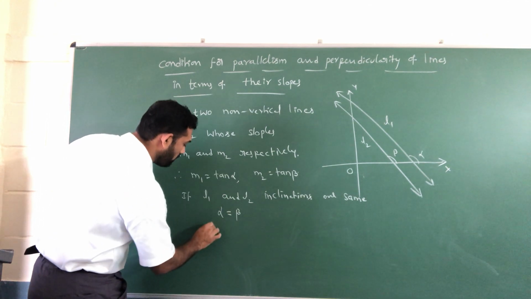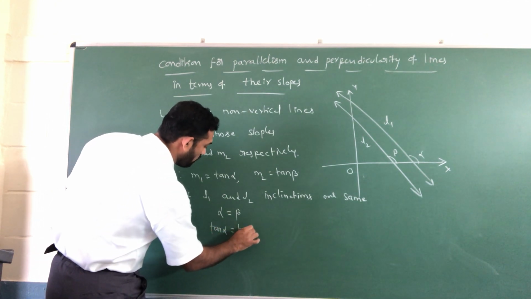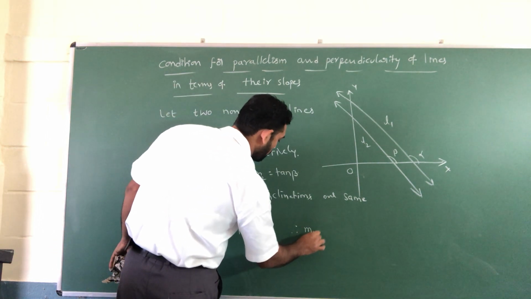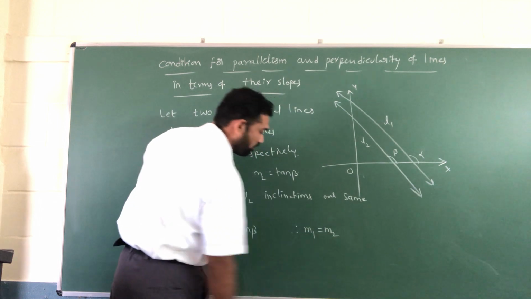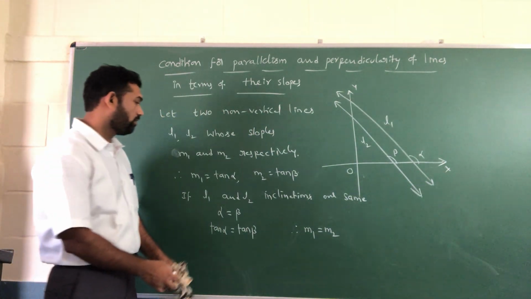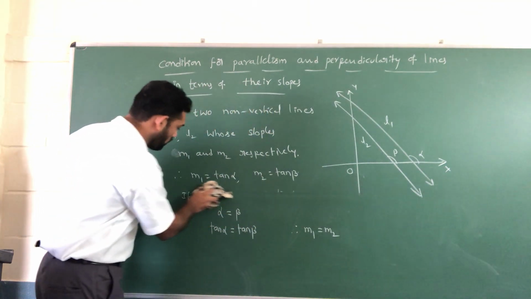Multiply tan on both sides: tan alpha is equal to tan beta, which means m1 is equal to m2. So here why we are writing is same. This point is very, very important.